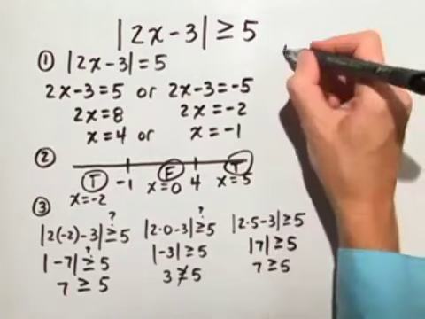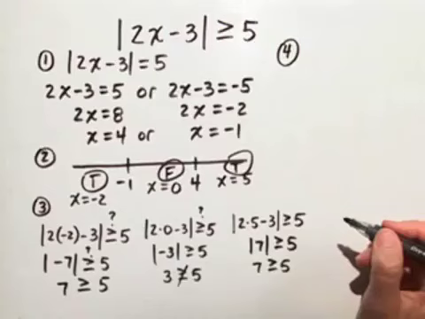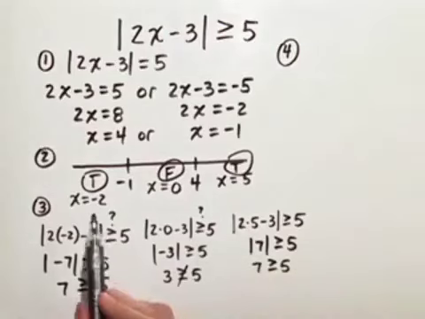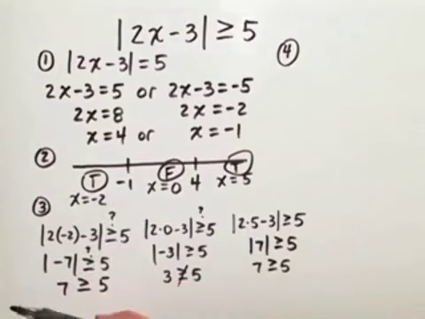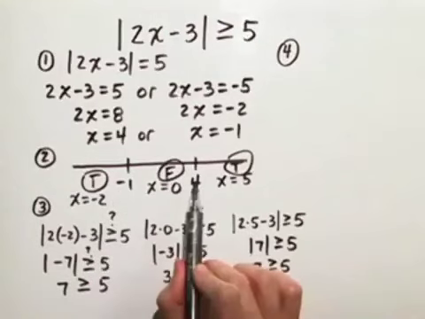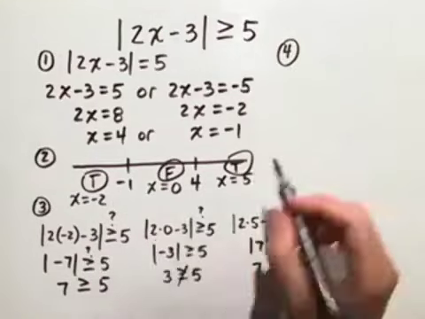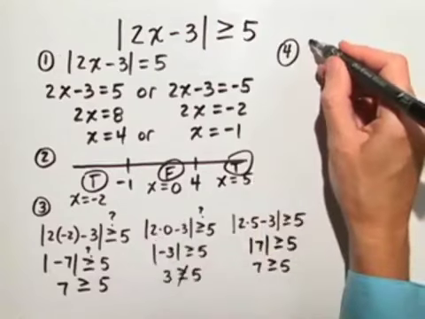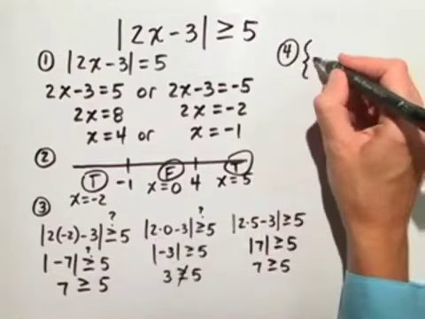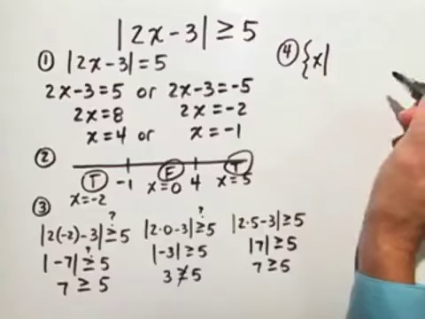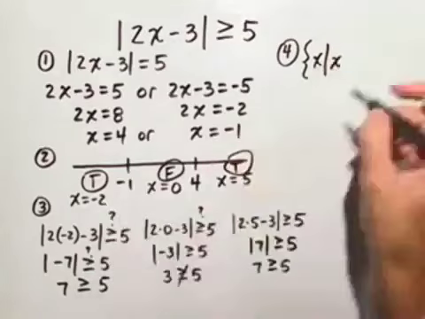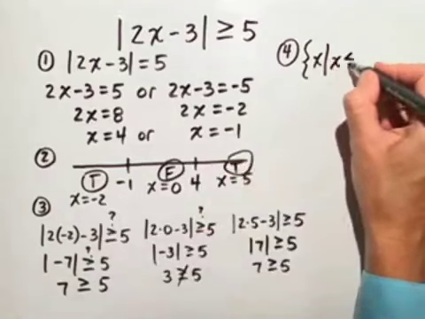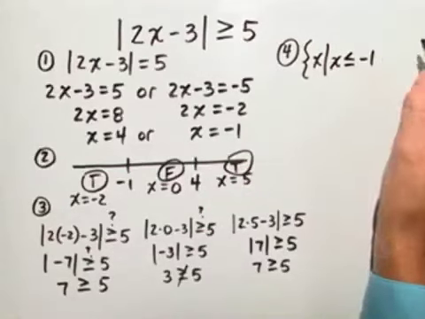Now we're ready for step 4, and we're ready to give our answer. Since the true statements occurred in the interval from negative 1 and to the left, and also in the interval from 4 and to the right, we can write our solution like this. It's the set of all x such that x is less than or equal to negative 1.